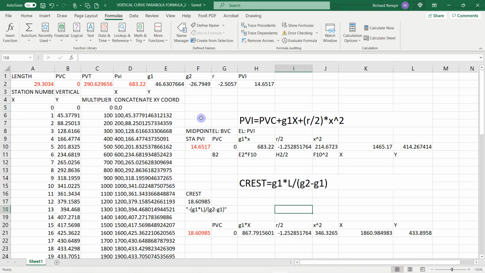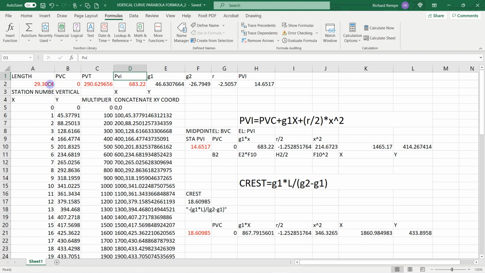All right, so there you go. There's your length, the elevation of point 1, elevation of the point of vertical tangency, and a point of vertical intersection. Let's see what I got here. Here's 290. That's point of vertical tangency, yeah. And point of vertical intersection, 683.